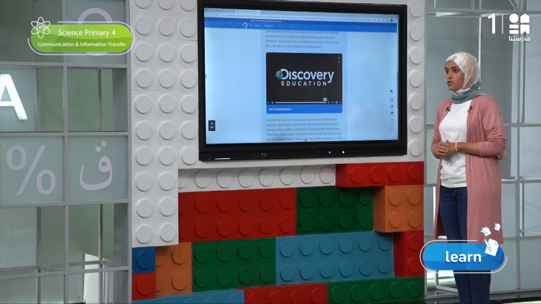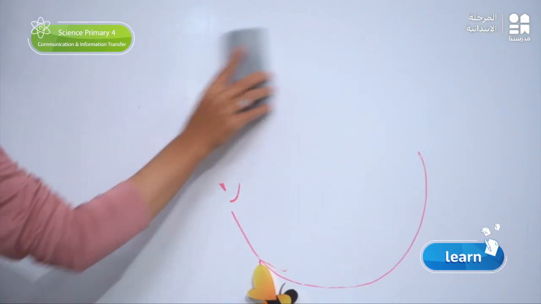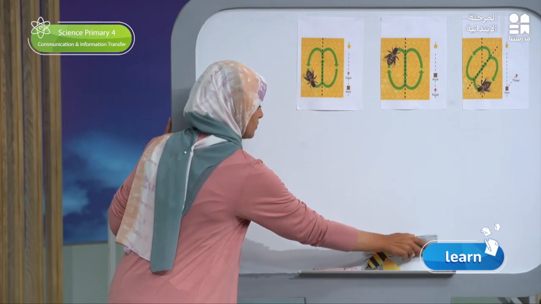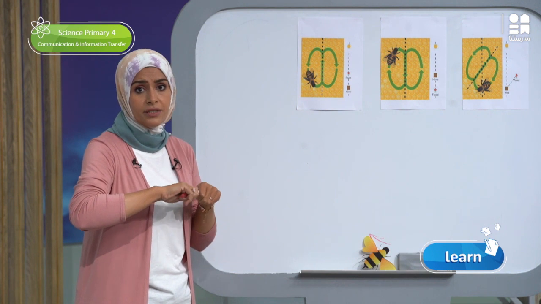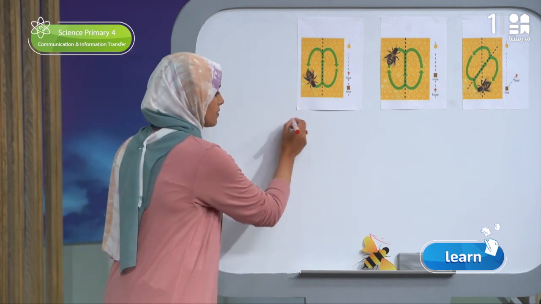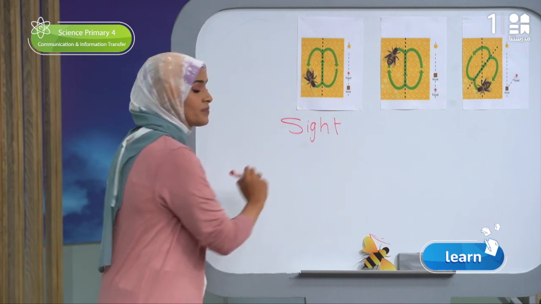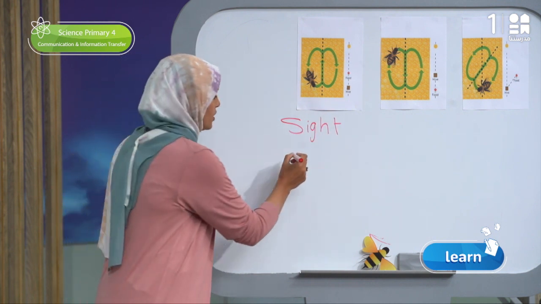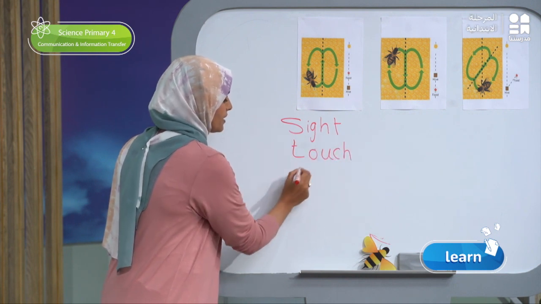I always watch a video to record many observations. That can help me. So during the video, I recorded the words. Let me write the words that I recorded for you. The first word that I recorded is sight. The second one, touch. The third is smell.